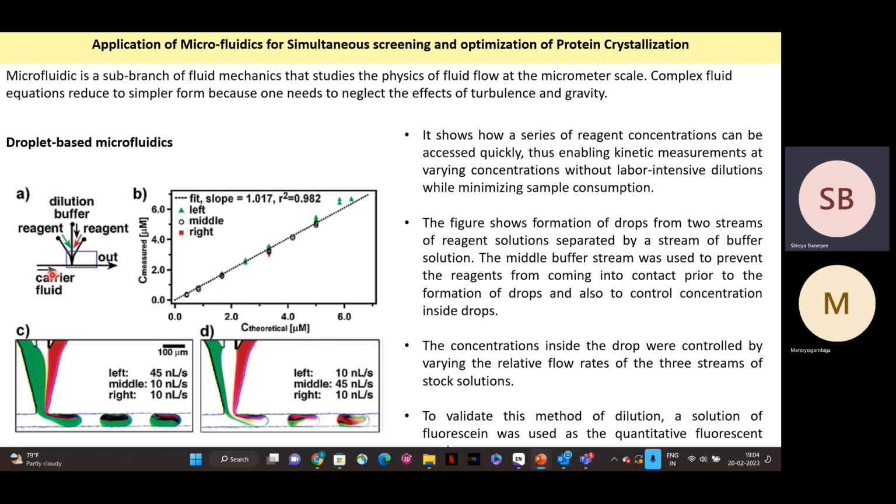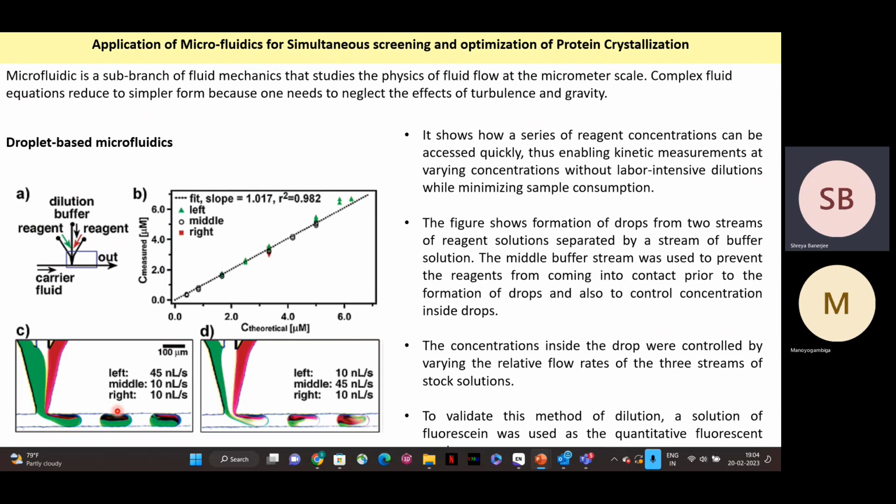The buffer stream prevents the reagents from coming into contact before the formation of the drops. And by changing the amount of buffer in the buffer stream, you can modulate the concentration of the drops. So like this, you can have different drops of different concentrations.